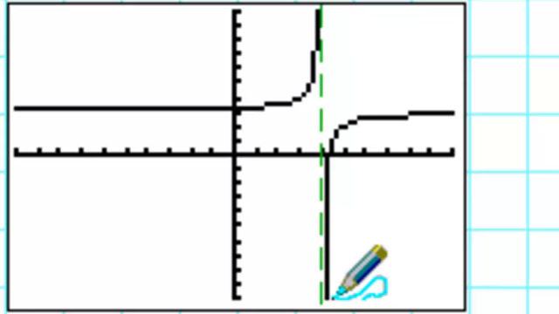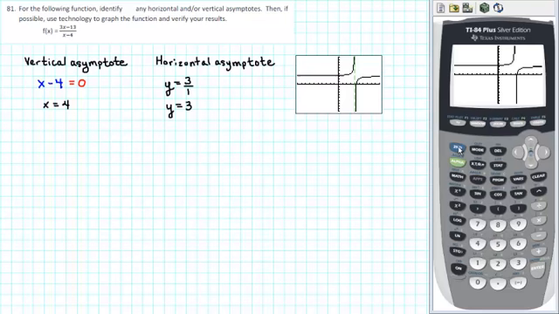To reinforce this idea numerically, we can create a table of values. We'll go to Table Set, second window, and change our independent variable to Ask.